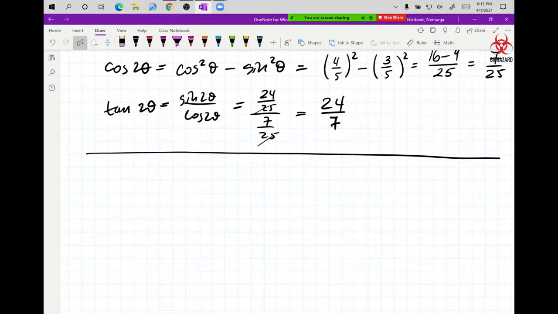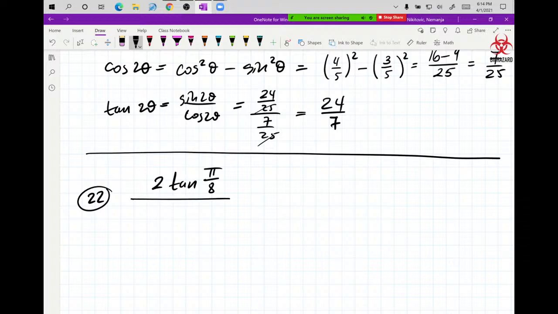The next problem is interesting because the values you get are not in your chart. 2 tangent pi over 8 divided by 1 minus tangent squared of pi over 8.